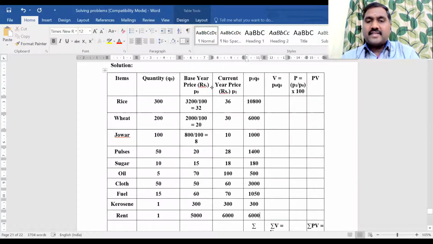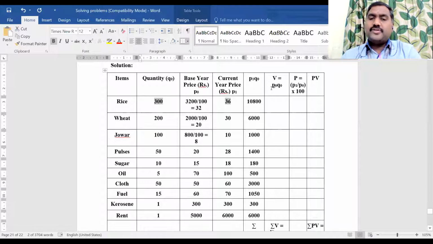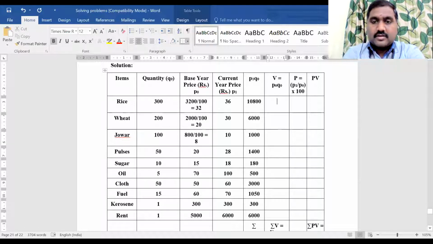So by multiplying the current price along with the quantity, I got this P1 Q0. Okay, now I need to get P0 Q0 because that is the V value, which is what we need to substitute in the formula. So P0 Q0, this 300 and then 32. So this will be 332, 9600, and P0 Q0.